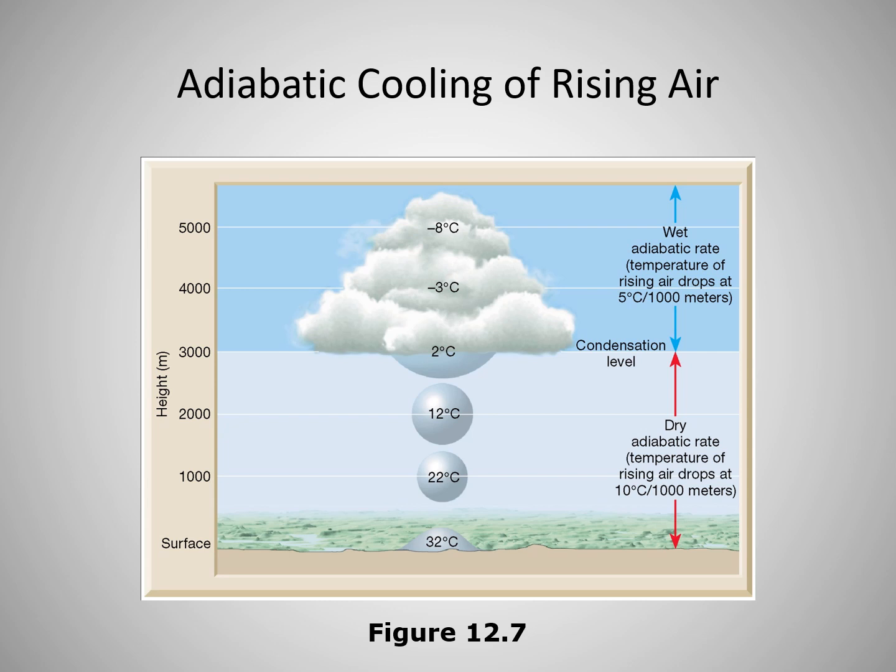You have now reached the dew point temperature. Condensation will begin, and you can grow a taller cloud like a cumulus congestus or eventually a cumulonimbus cloud. If that air mass continues to be warmer than the air around it, it'll keep on rising and cooling, and you'll get more and more condensation, and you can build a tall cloud.